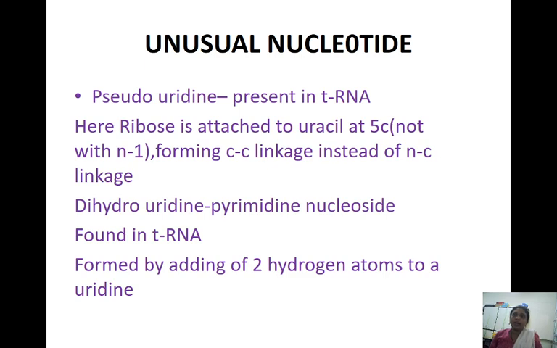Here two hydrogen atoms are attached to uridine in the structure of dihydrouridine, and in pseudouridine, the 5th carbon of the uracil is attached to C1 of the ribose, instead of the usual N1 and C1 linkage; there is a carbon-carbon linkage. So these are unusual nucleotides, pseudouridine and dihydrouridine. Both you can see in the structure of tRNA.